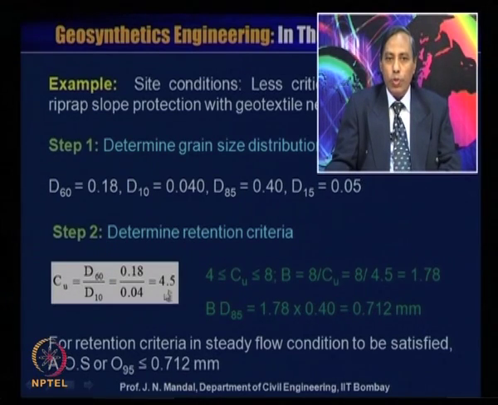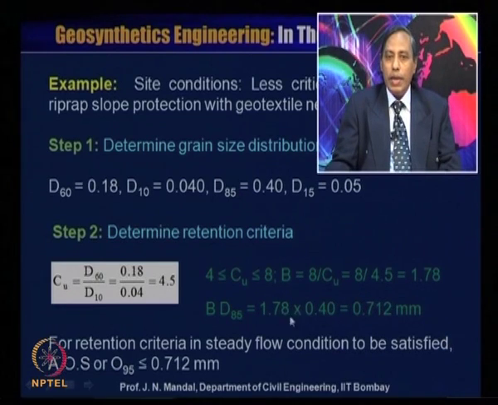Here Cu is 4.5, so 8 by 4.5 is equal to 1.78. So, B into D85 is 1.78 into 0.40, which is 0.712 millimeter.